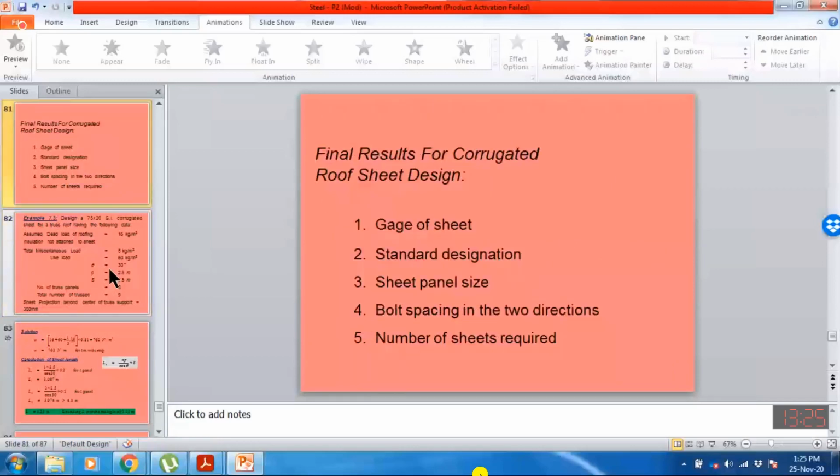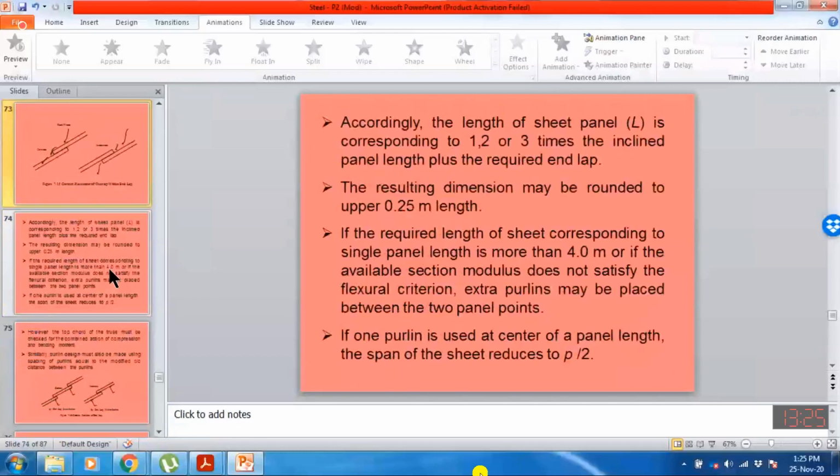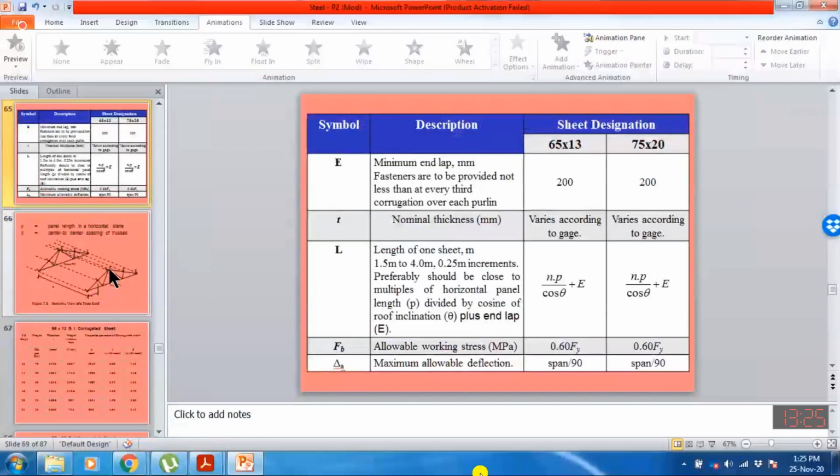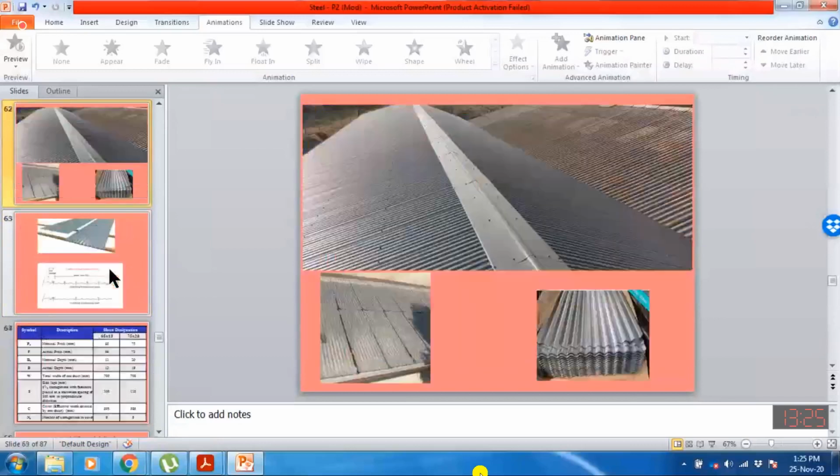For example, we will assume that this is a sheet and each sheet panel has a total width of 1 meter, although it may have any width, and it is supported between one purlin and the other. It is supported on one purlin on one side and a purlin on the other side.